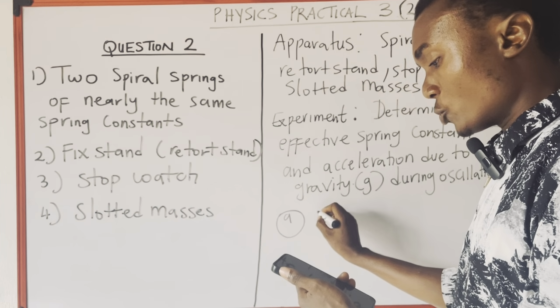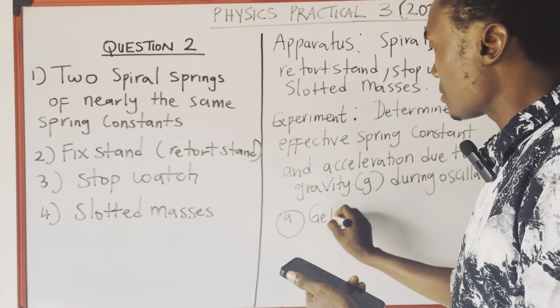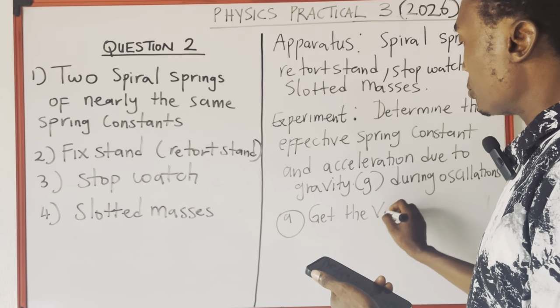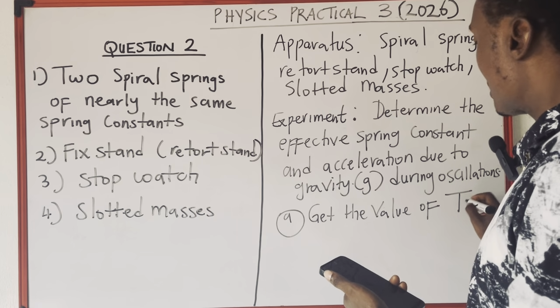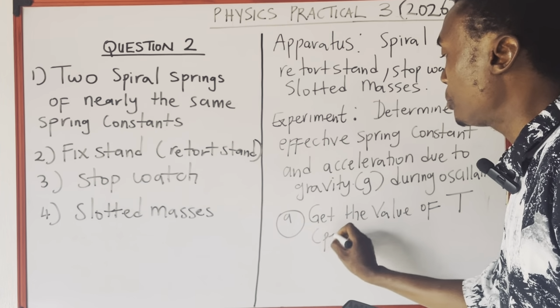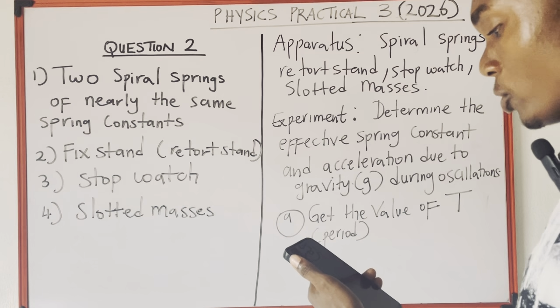Under this first experiment, these are the things they're going to say you should do. They'll say you should get the value of T, and what is this T? We call it period.